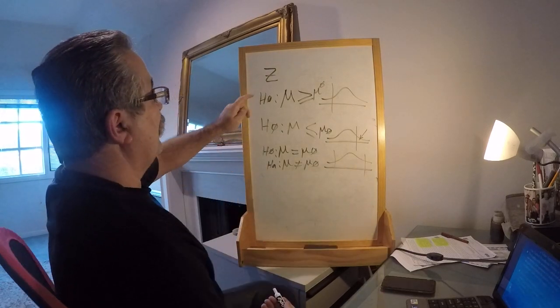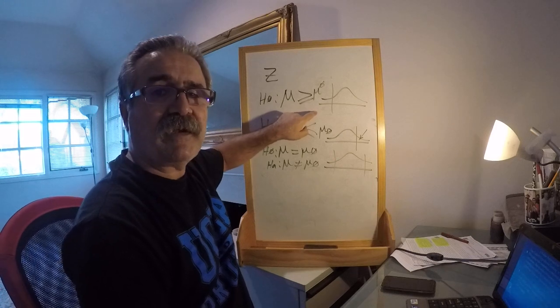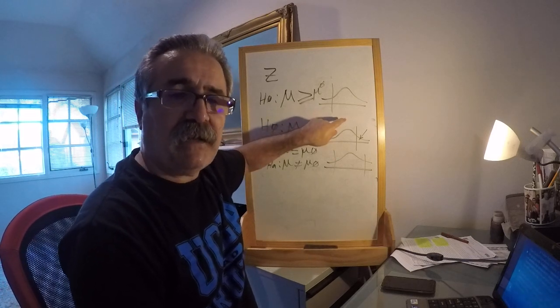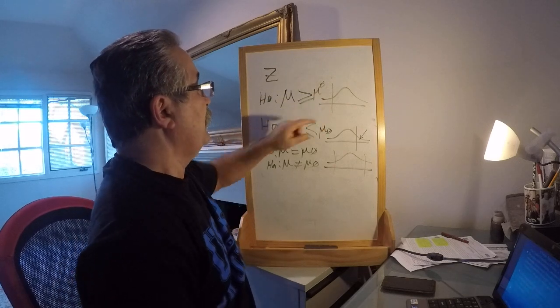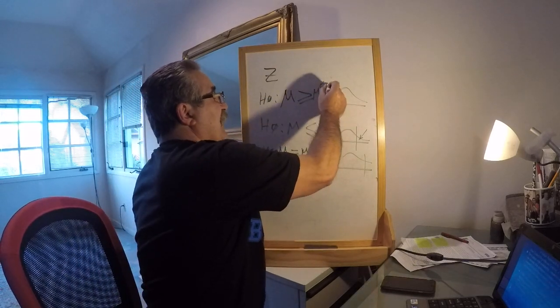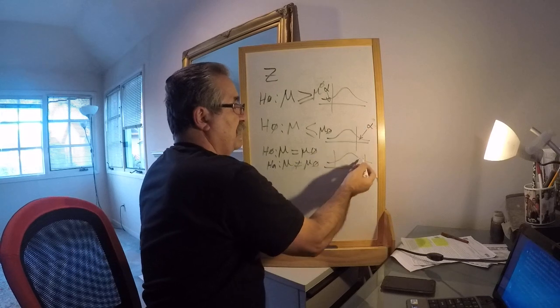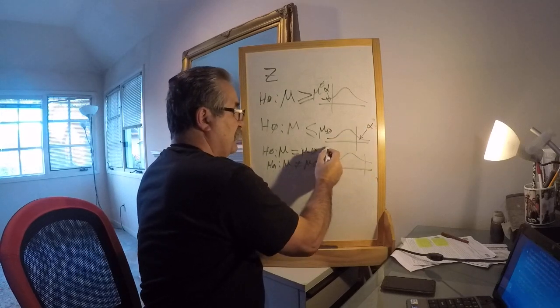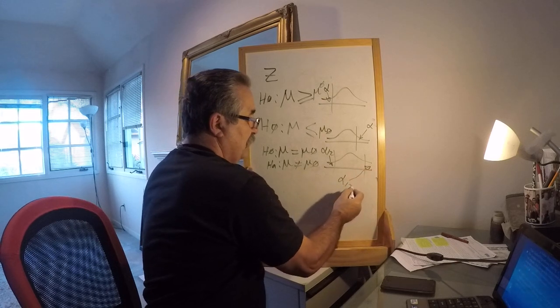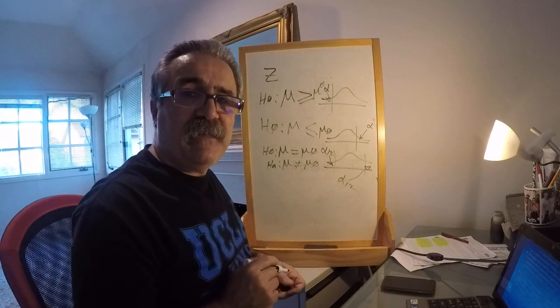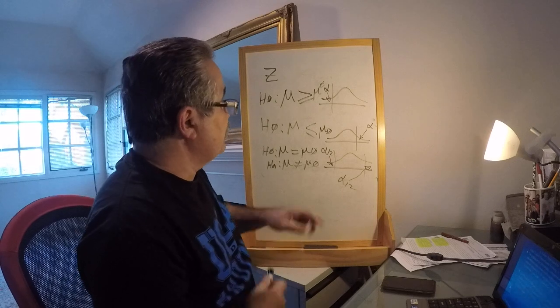That means based on the z, we find the area, the probability, and then we measure that. This is where the alpha is. This is half of the alpha, and this is half of the alpha.